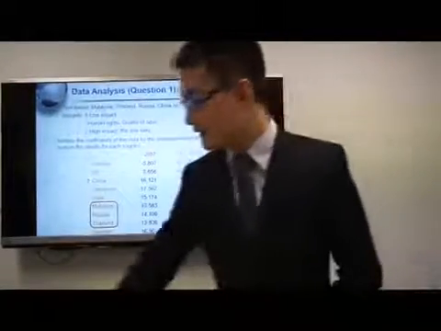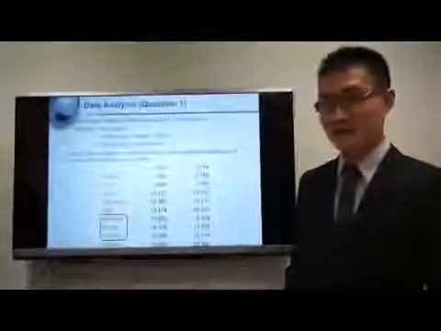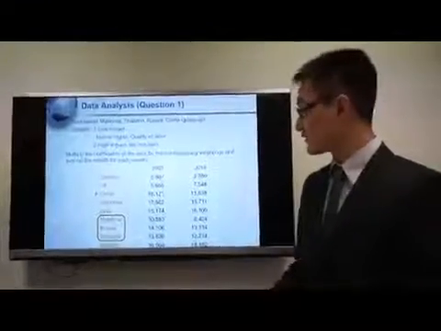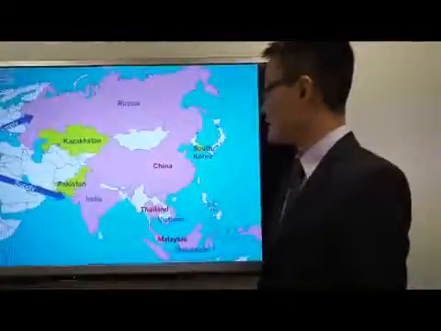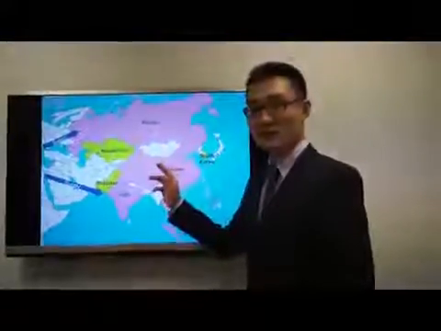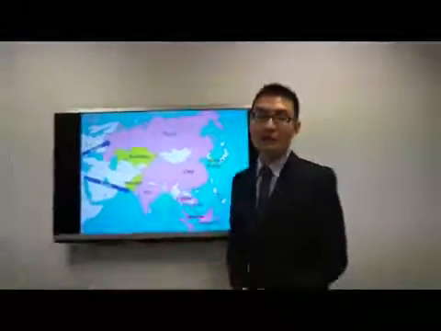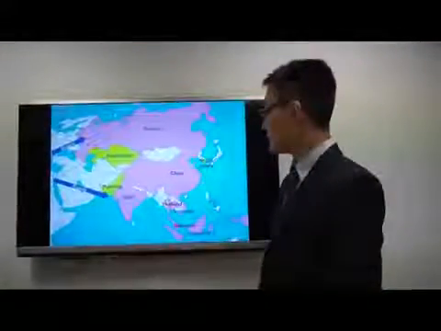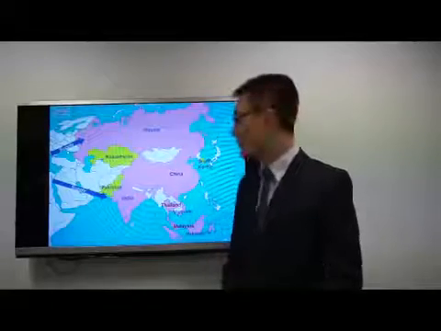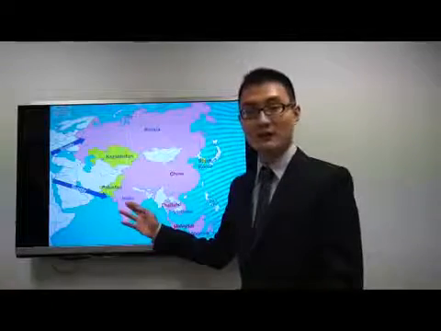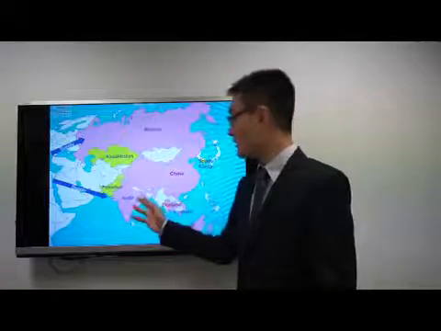Another thing is geographic factors. From this map, we see that the countries geographically close to the suppliers are Russia, China, and India. Of course, India won't be in our consideration because the risk level of India is too high.